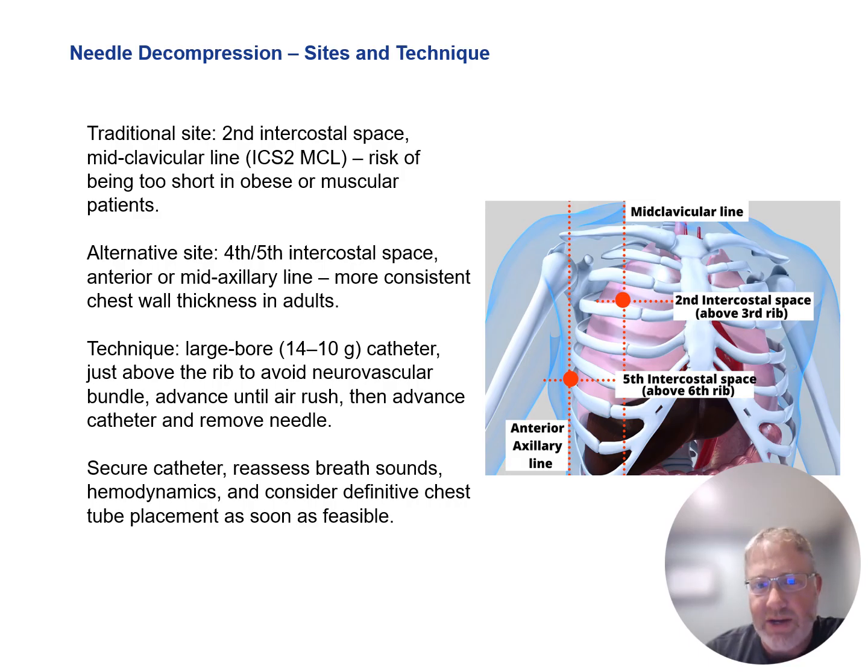Then advance the catheter off the needle and remove the needle. At that point, you should secure the catheter and then reassess breath sounds and the hemodynamics and already start thinking about definitive chest tube placement as soon as conditions allow, even if you have to wait until you get to the hospital that you're en route to.